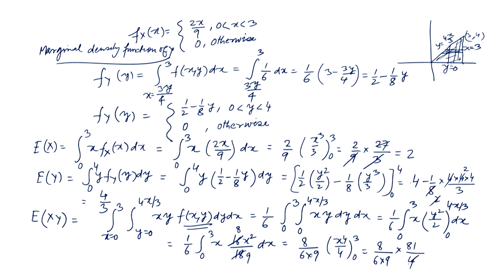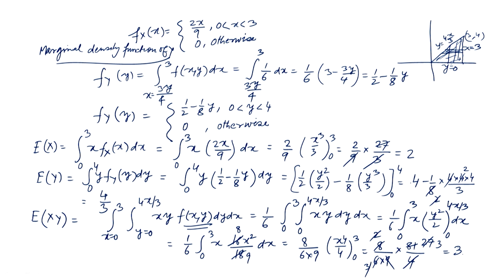So, 4 twos are 8, and 2 threes are 6, and then we can cancel, 3 nines are 27, 27 will cancel, 3 will cancel. So, we get expected value of xy as 3.